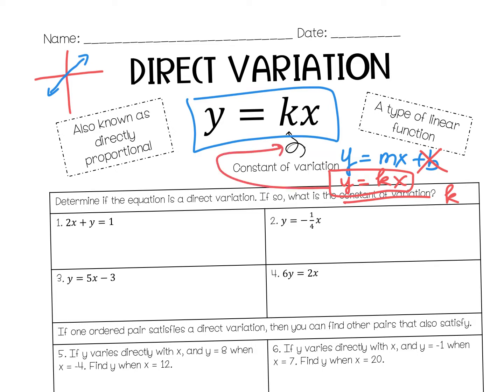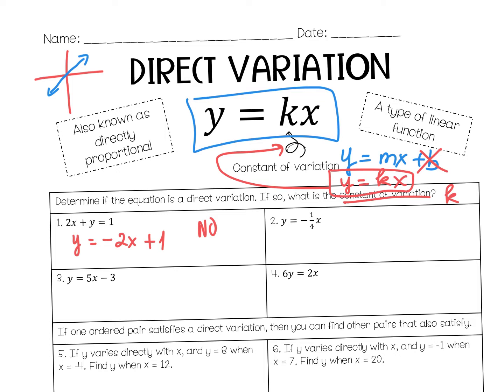So let's go back here for number 1, and we move the 2x to the right side. So we have y equal to negative 2x because we subtract 2x on the left, and then still plus 1, and this is y equal to mx plus b. It is not a direct variation, so I would say no direct variation.